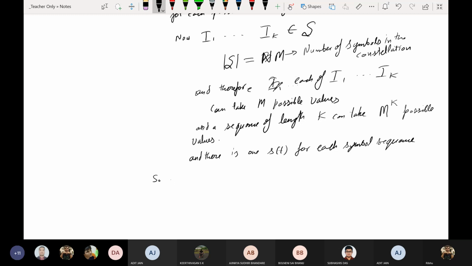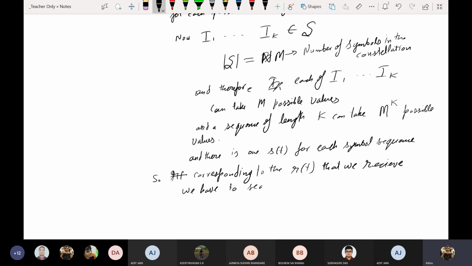So corresponding to the RT that we receive, we have to search for the ST that has minimum distance from RT.